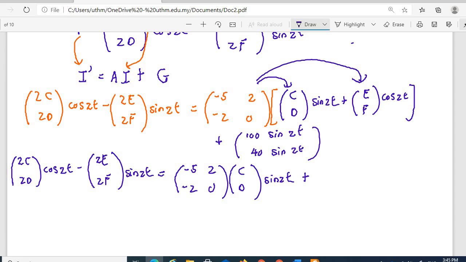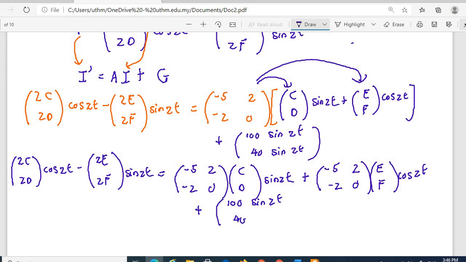Plus, we expand the matrix A, because your I here has two terms, one is sin 2t, another one is cos 2t. So A you multiply with the sin 2t term, later on plus matrix A times the cos 2t term. So you have negative 5, 2, negative 2, 0, times the EF cos 2t term, added up with your G. G is 100 sin 2t plus 40 sin 2t.